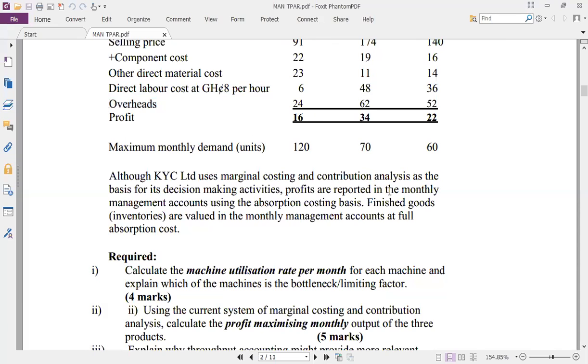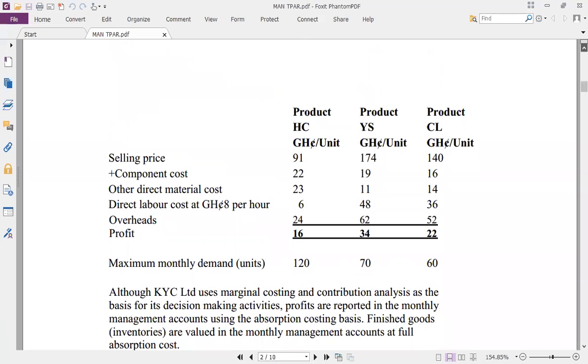Now, if this is the management account, then you use the marginal cost system. And you know that for the marginal cost system, right after the direct labor, the fixed cost does not form part of the production cost. So the overheads become the fixed costs. And then you are done. I hope you get that. Good, right? So now let's go to the board to continue the recording.